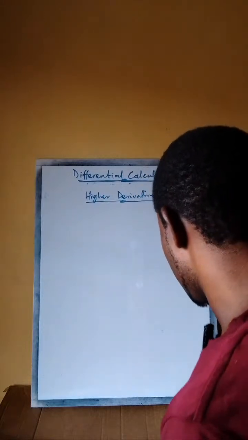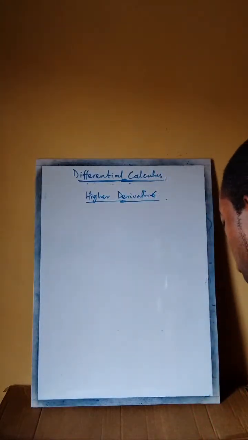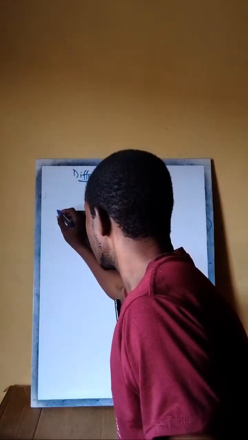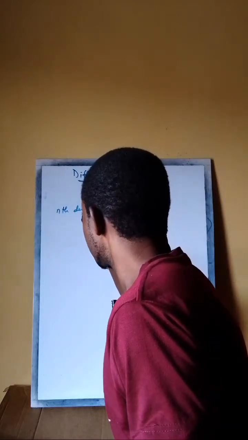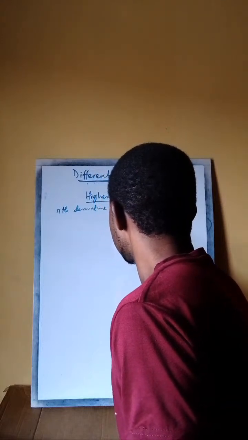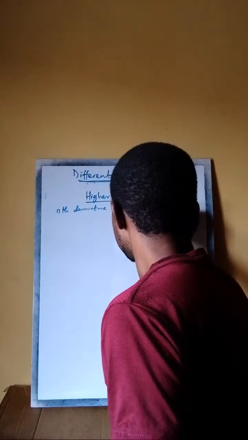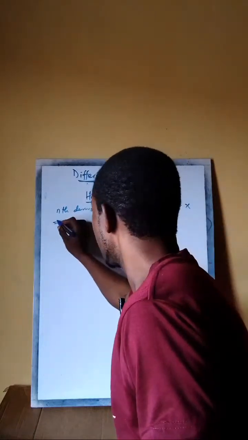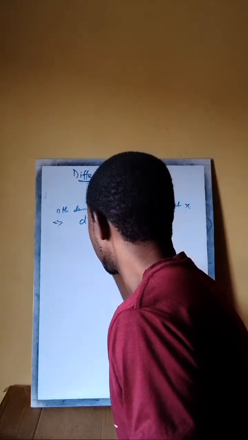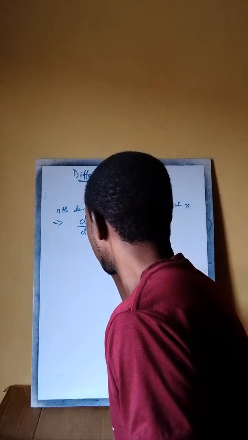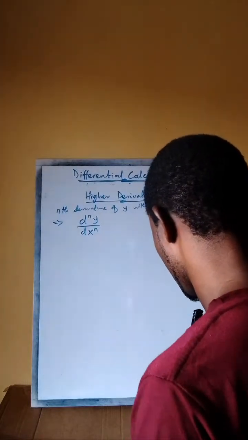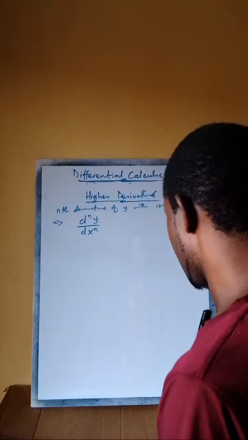For instance, we can have the nth order derivative of y with respect to x, which is d raised to power n y over dx raised to power n. This is the formula where n starts from 1 and so on.